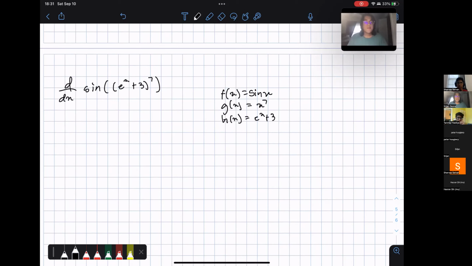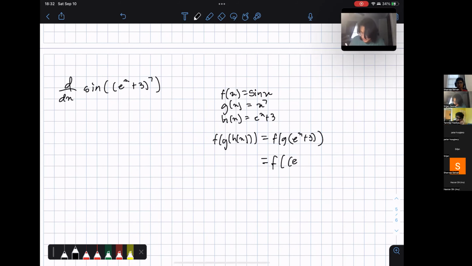So it's kind of confusing how we got here, but let's do f of g of h of x now. That's equal to f of g of h of x, where h of x is e to the x plus 3. G of e to the x plus 3 is just e to the x plus 3 to the 7th.